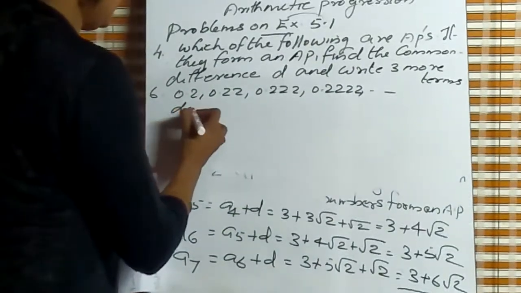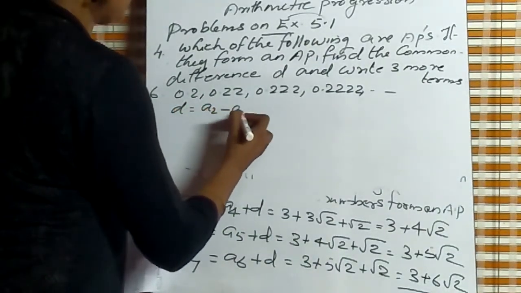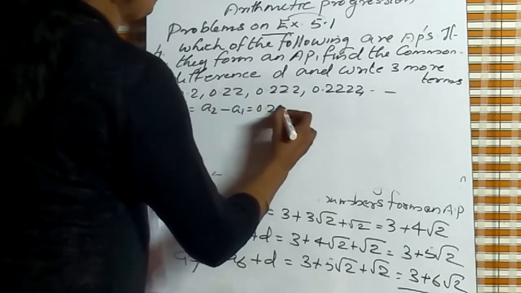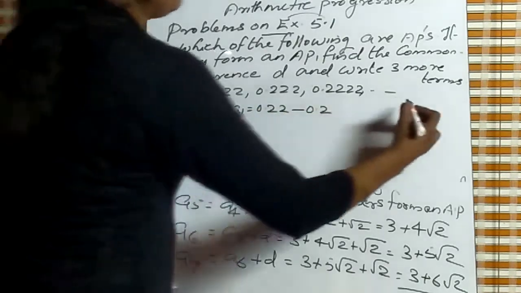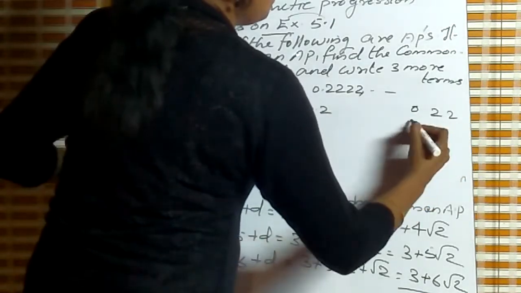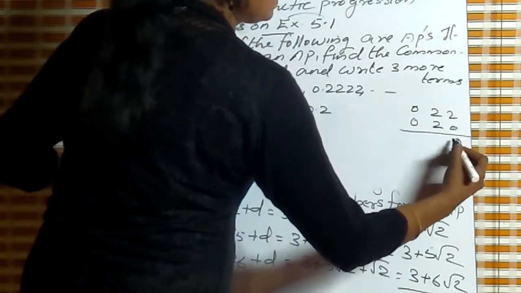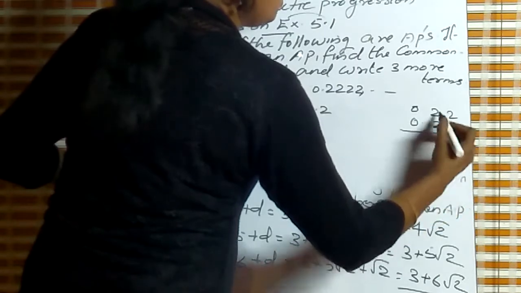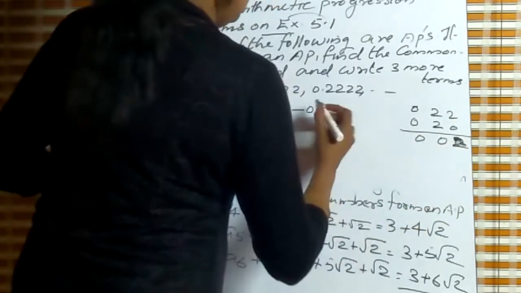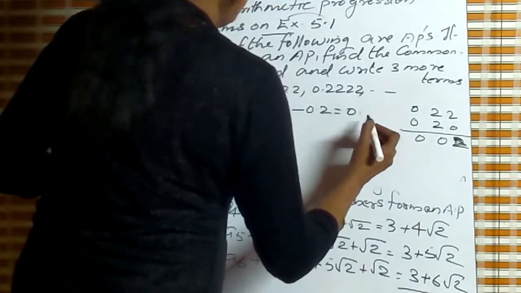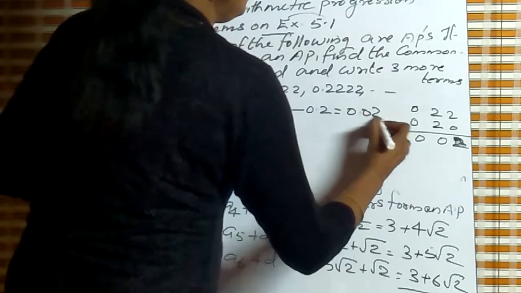For that, D is equal to A2 minus A1, which is 0.22 minus 0.2. What is 0.22 minus 0.2? 0.2 means 0.20. Subtracting, 2 minus 2 is 0. So A2 minus A1 is equal to 0.02.